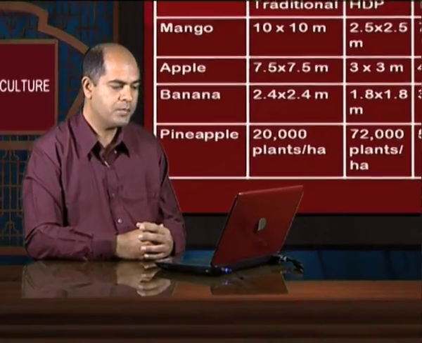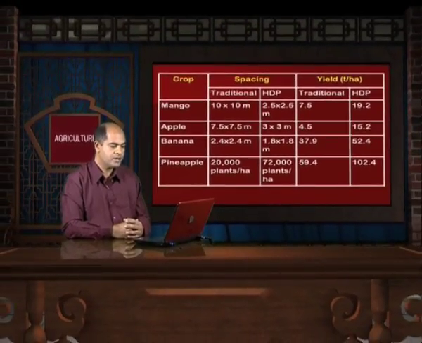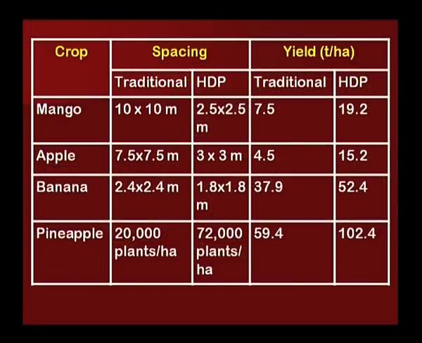Traditionally the 10 by 10 meter spacing is practiced in mango, whereas in high density planting 2.5 by 2.5 meter is practiced, and you can see that the traditional yield is 7.5 tons per hectare of mango, whereas in high density planting the yield obtained was 19.2 tons per hectare.